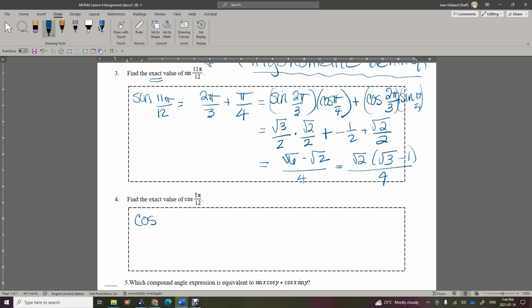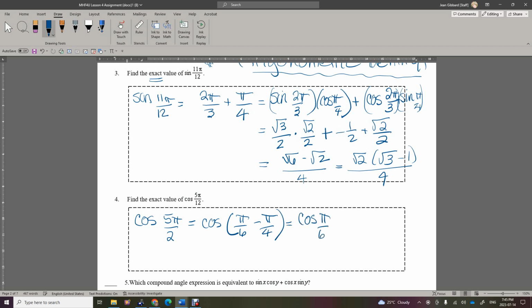Now, let me help you along here. So we know we have this, and we know we can get it from taking pi over 6 minus pi over 4. Now from there, apply your formula.